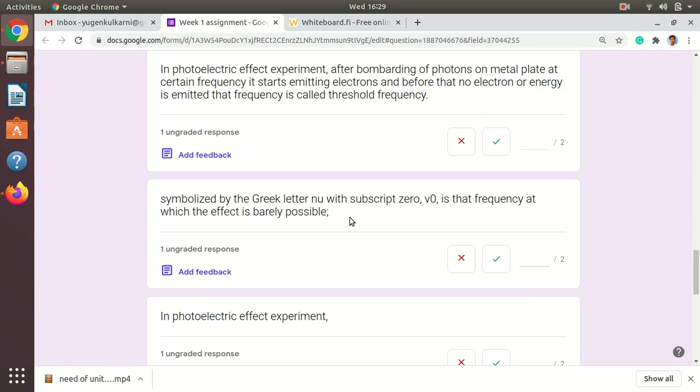The word "below" is important here, because this definition does not say what happens if I am going below the frequency or above the frequency. So neither definition tells anything, and this will also get almost 1 mark just.